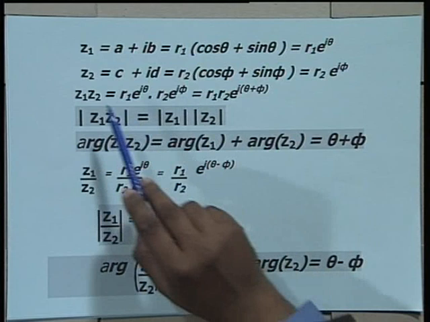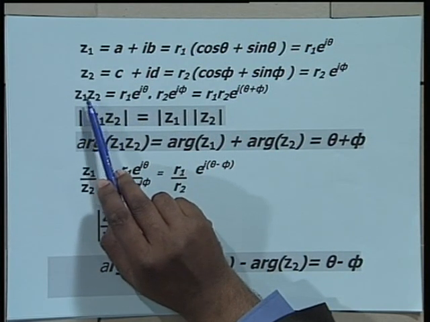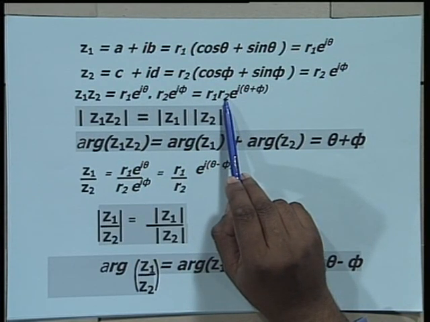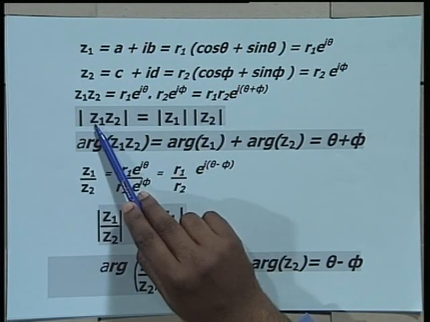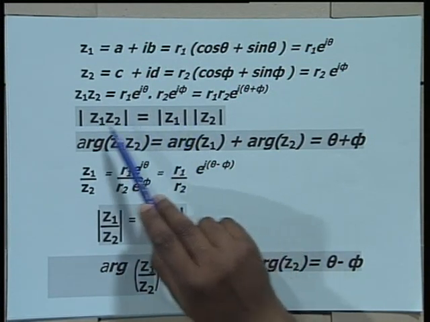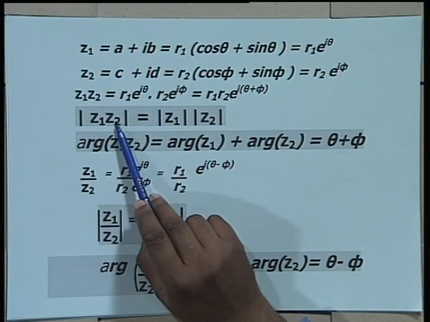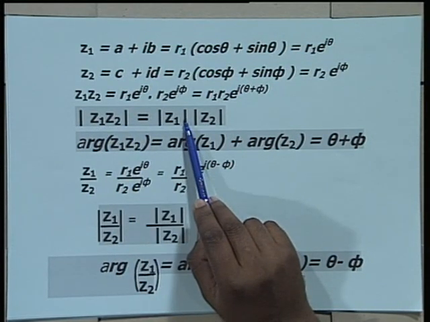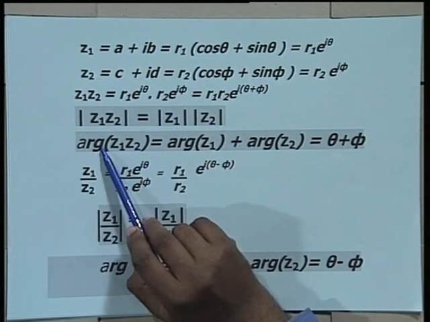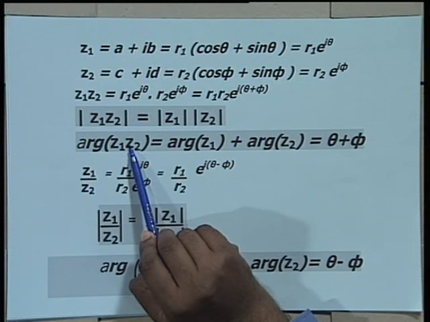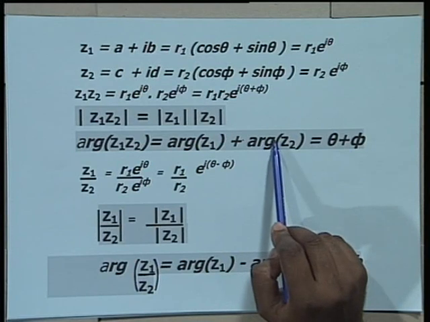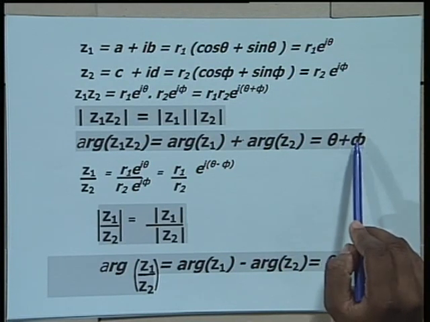This means that the modulus of z1 times z2 is nothing but r1 times r2. Remember, the modulus of a product is the product of the moduli. Similarly, the argument of z1 times z2 would be the argument of z1 added to the argument of z2, that is theta plus phi.